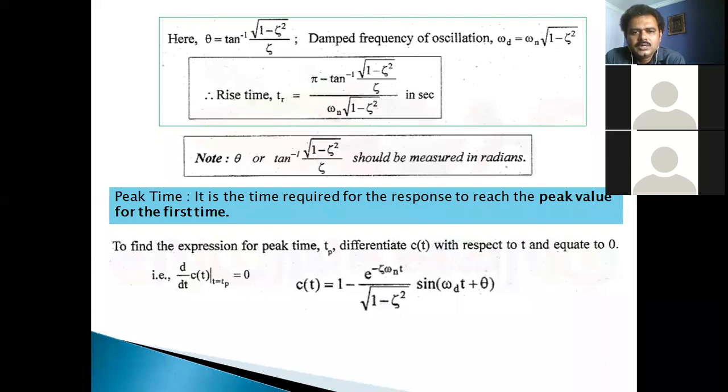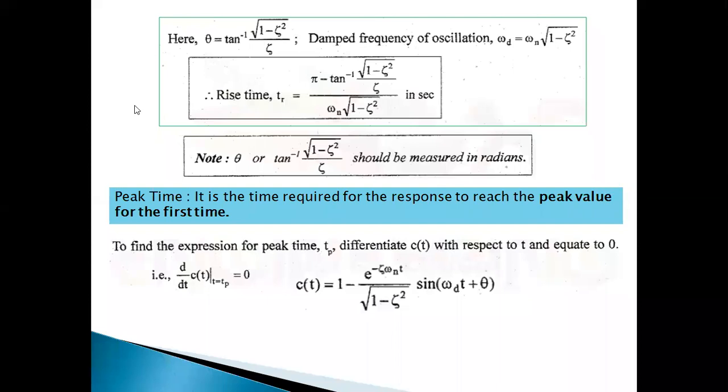Theta or tan inverse of that value should be measured in radians. While calculating problems, we have to express in radians. Note down this. If you have any doubts, you can raise.